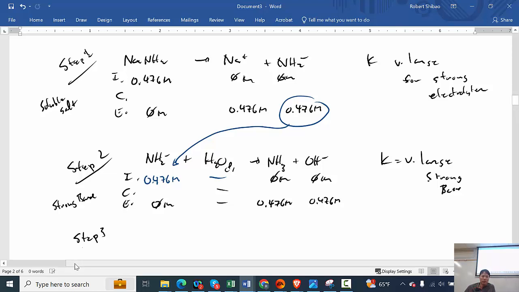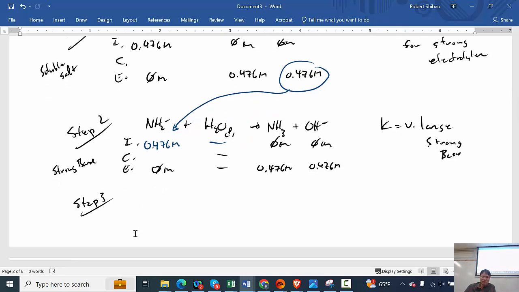Step 3, okay, we're looking for the biggest K. So in step 3, a lot of people skip this. Your book's going to skip this step because it's just automatically, sodium acetate is a soluble salt. It's going to form sodium ions and acetate ions.